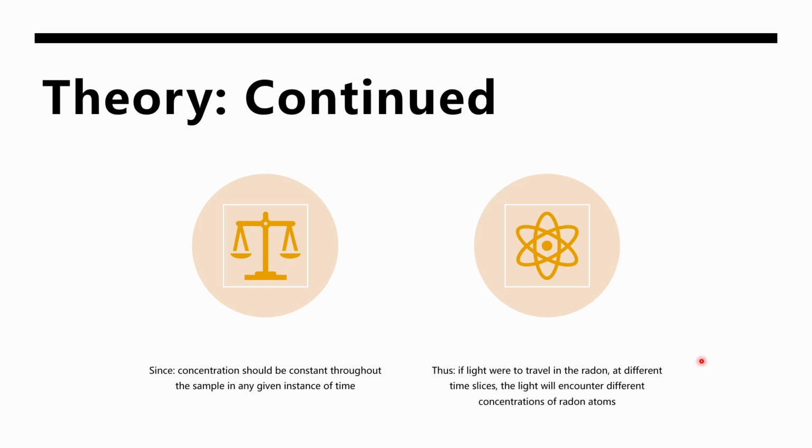If it takes a bit longer to travel in the radon gas, you'll actually see more of the light getting absorbed by the radon, and vice versa, if it takes longer to get there, because at the end of the stage it's going to have fewer radon atoms than in the beginning. So therefore, the intensity measured will be slightly higher than if light traveled faster.